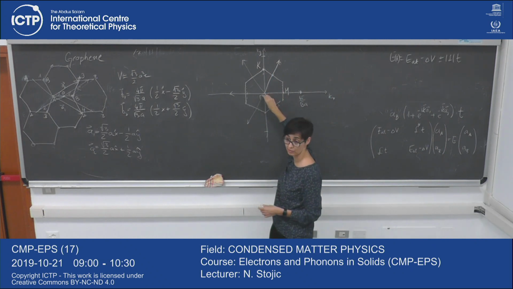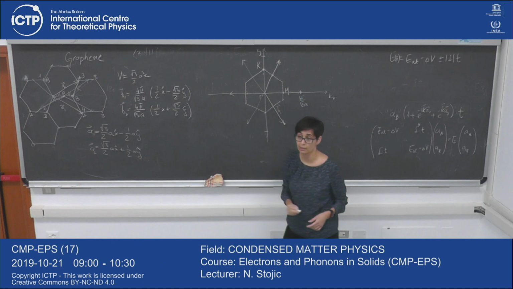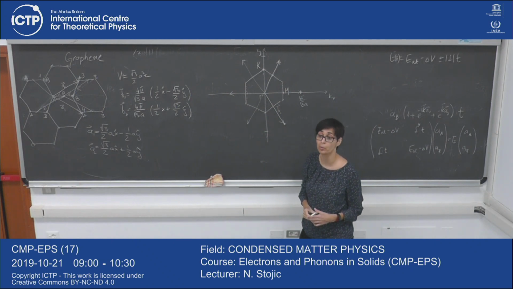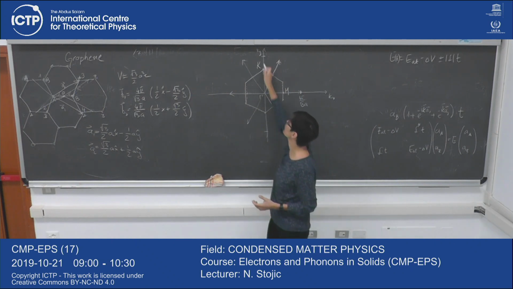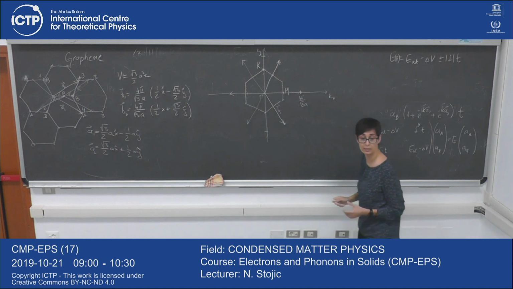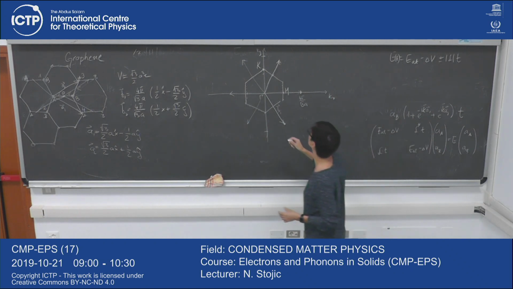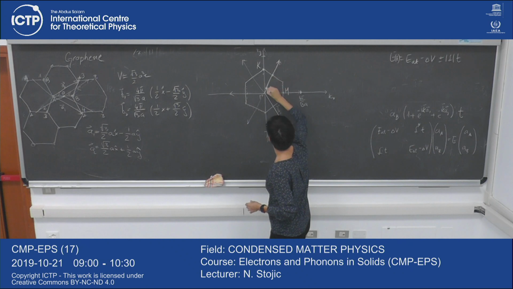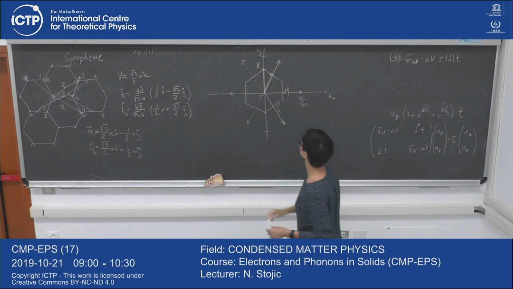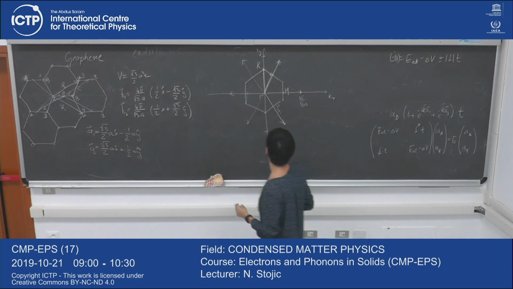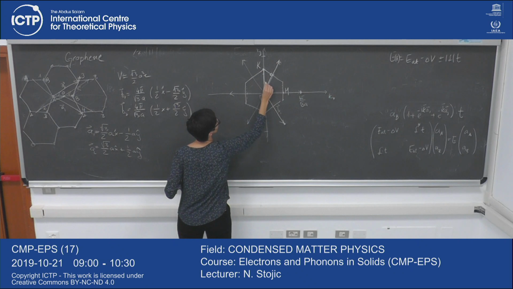I know that gamma is 0, 0. And what is the K? What are the coordinates of the K point? It's a long line, ky, that's good. But we have to find the coordinates. So we'll take this triangle here with the right angle to find the gamma K. So this is 30 degrees.